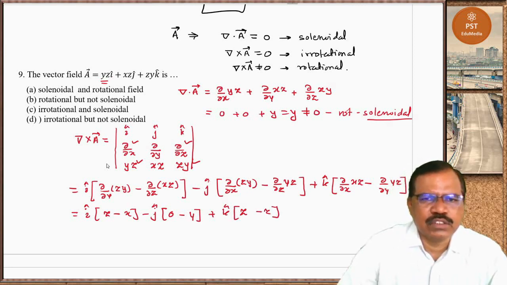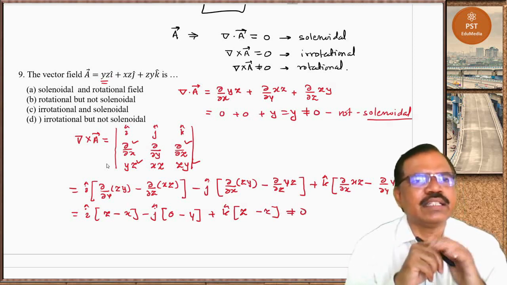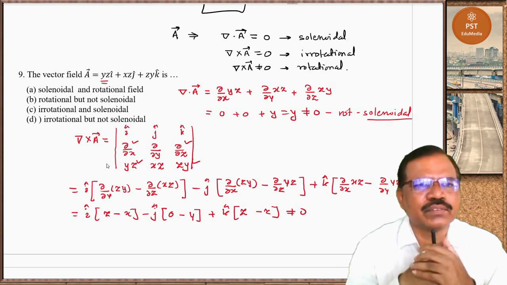Now see here, it is non-zero. So which one is correct out of the 4 alternatives?